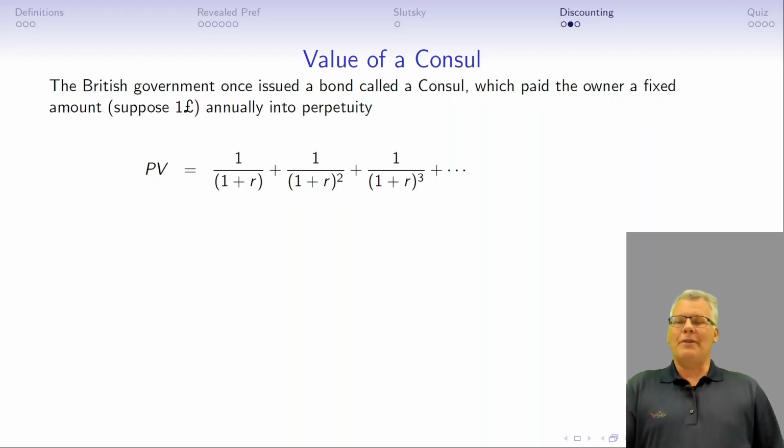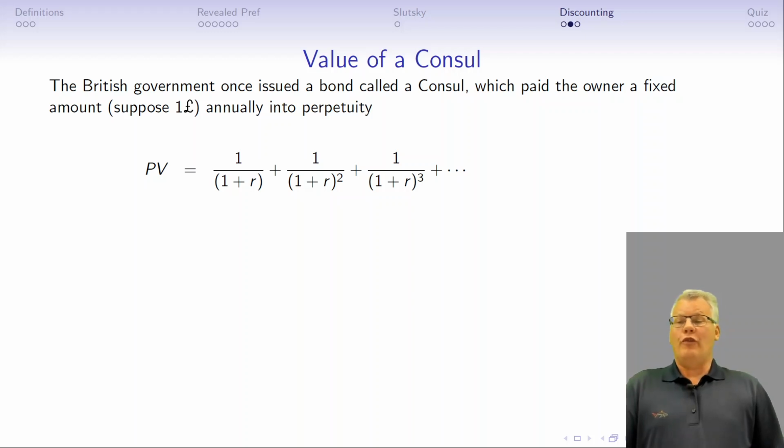Not so much now, but at least the federal government used to give 30-year bonds, right? So the government would give an annual payout of interest and then refund the principal in 30 years. The British government issued this debt that actually didn't have a maturity date. So it was literally a promise to pay £1 or some certain fixed amount every year forever. And that was called a consul.